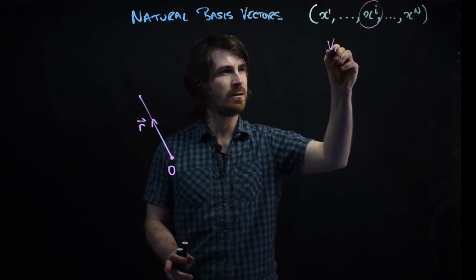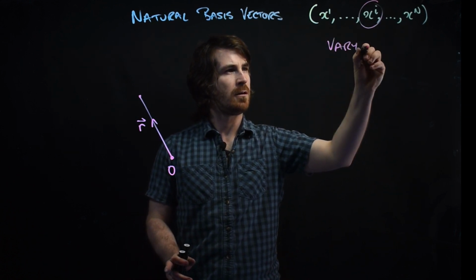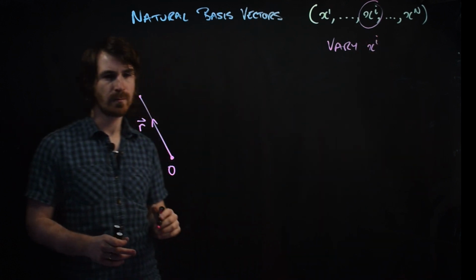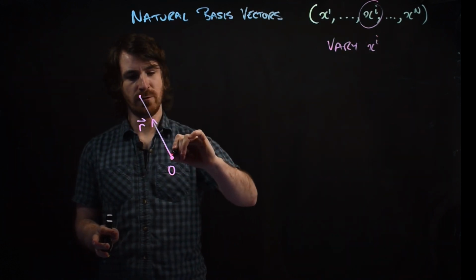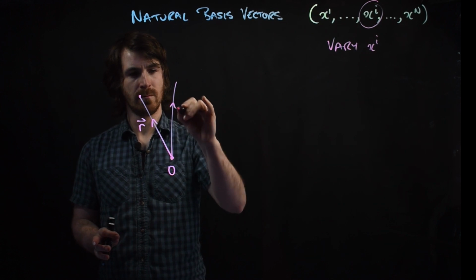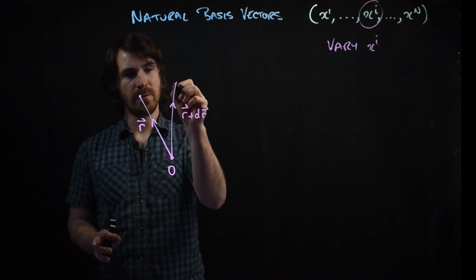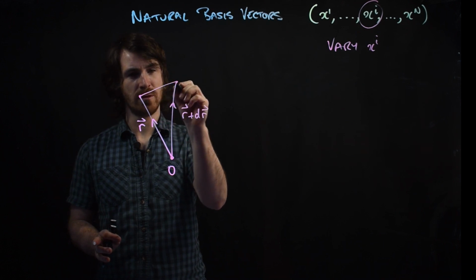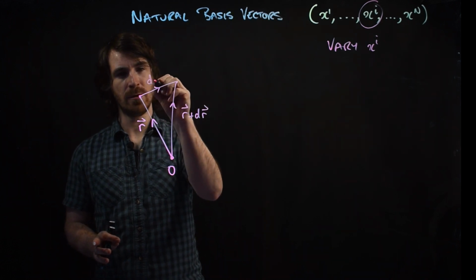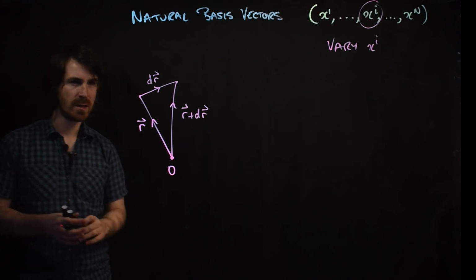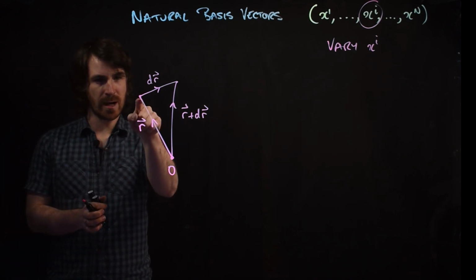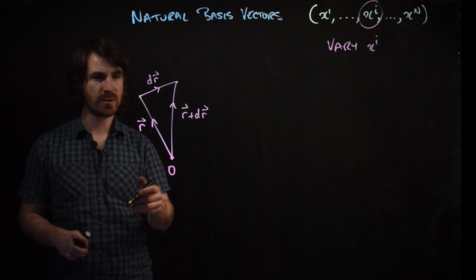Okay, so let's vary our xi. We move to a new point, r plus dr. And this vector that joins the two points, dr, is tangential to the coordinate curve at this point r. So what's the coordinate curve?